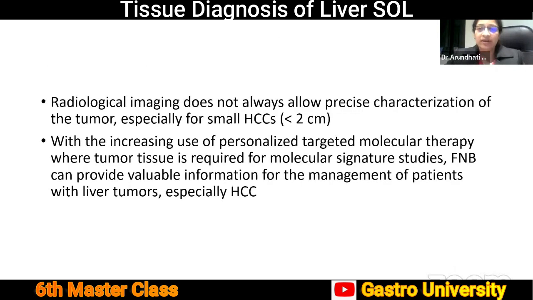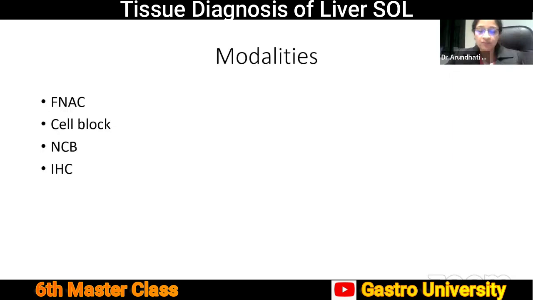So there are cases where radiology does not allow precise characterization of the tumor, and this is where a pathologist's role comes into picture. Also, with the increasing use of personalized targeted molecular studies, tumor tissue is often required for molecular characterization, and that's where biopsies are usually done.